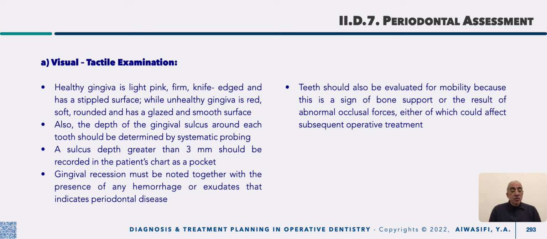That's why when you examine a tooth and you discover a tooth mobility, it is not exactly because of periodontal problem. You should examine also occlusion of the patient. You should examine the pulp conditions. There may be a temporary periapical condition that may result in this mobility.